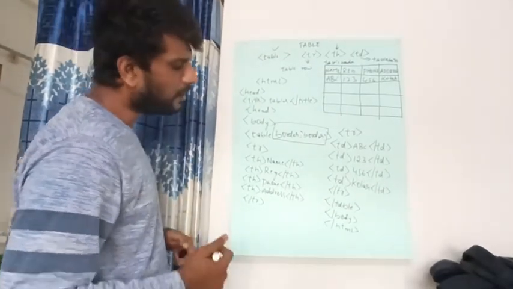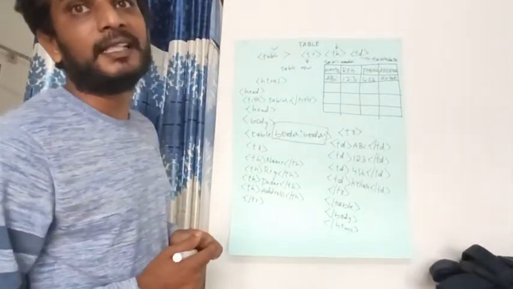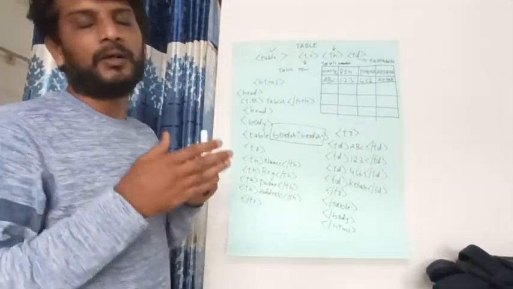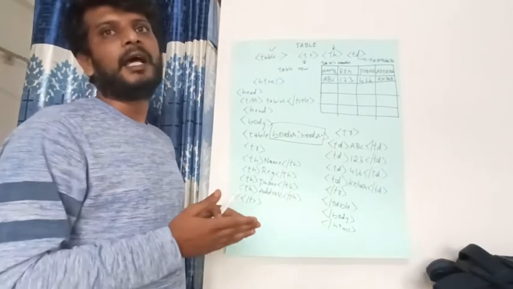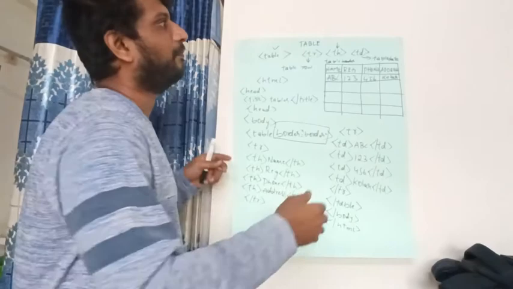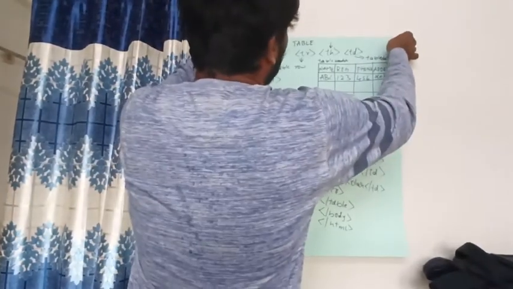Now let us move to the next concept, which is called images. Let us see how to make an image appear in an HTML program or on the browser screen.